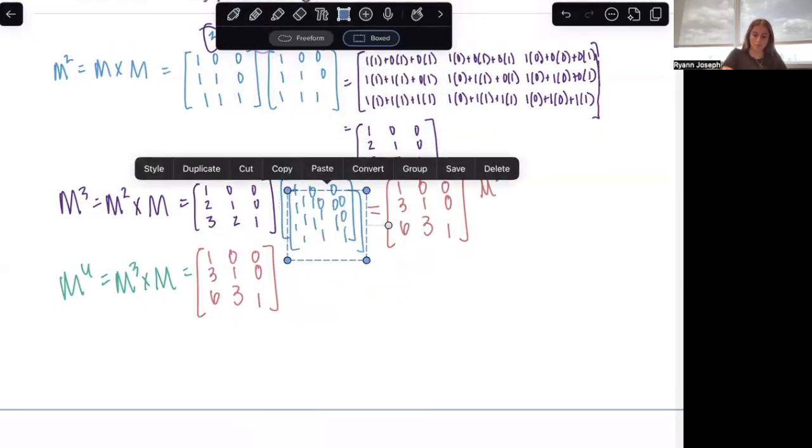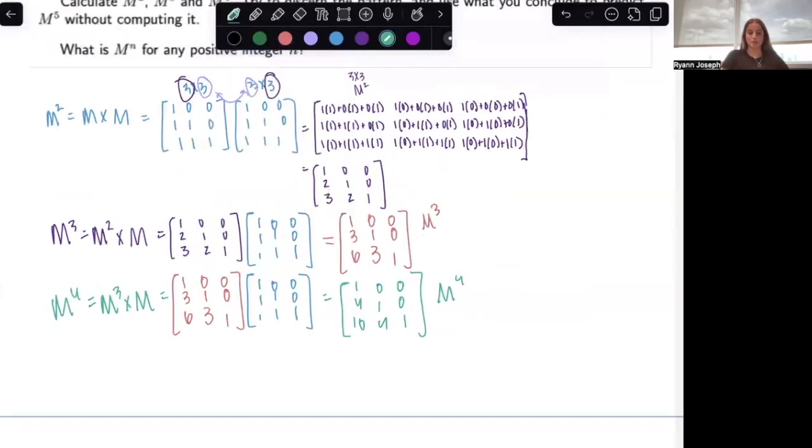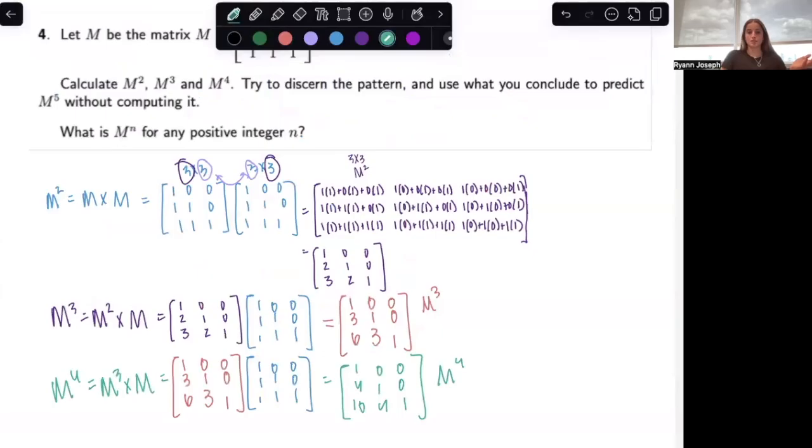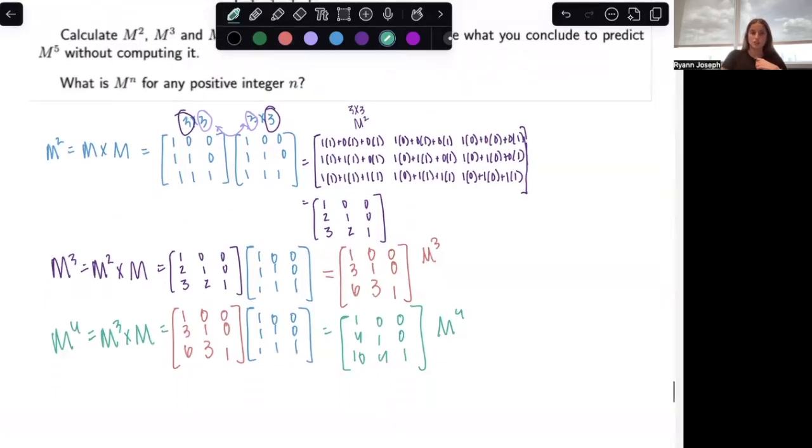Multiply it by m, and then you get m to the fourth, which is 1, 4, 10, 0, 1, 4, 0, 0, 1. So now I'm going to predict m to the n, and then we'll do m to the fifth. They're asking, what is m to the n for any positive integer n?